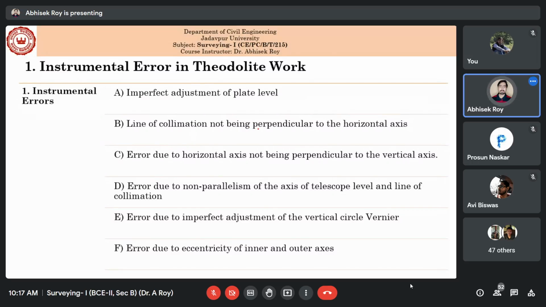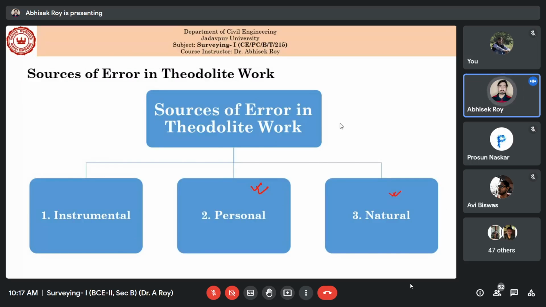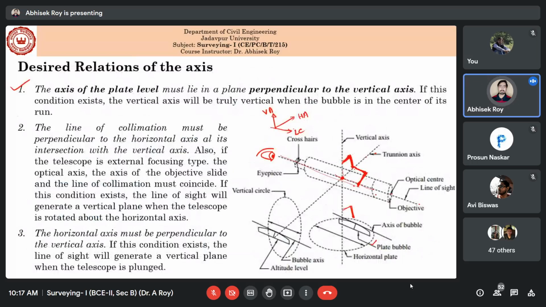Then there is the line of collimation. If it is not perpendicular to the horizontal axis, as I have already told you, that means if this line of collimation is not at 90 degrees with the trunnion axis, say it is making an angle of 89 degrees 40 minutes instead of 90 degrees, then whenever you bisect an object P from the telescope and you go down, ideally it should be 90 degrees on a horizontal plane, but it will not be.